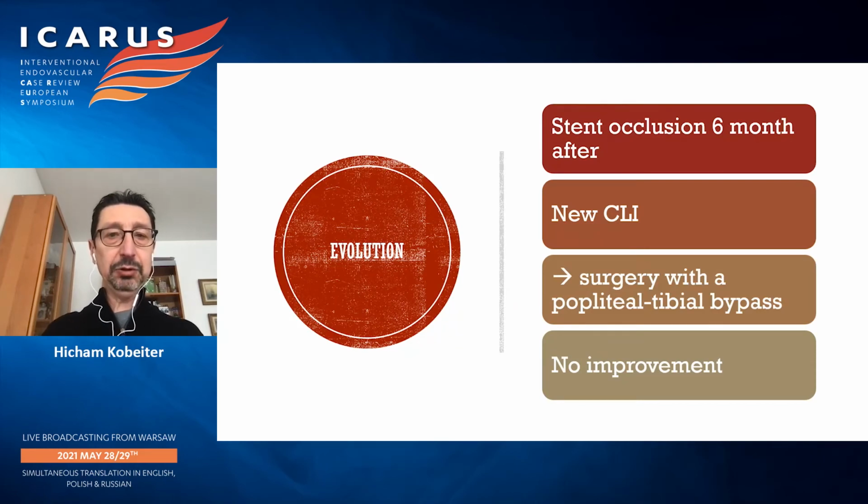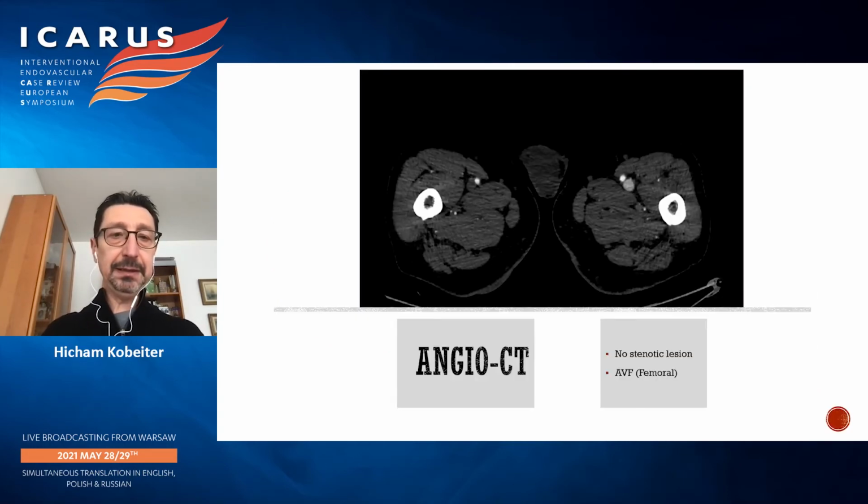The stent occluded 6 months later, and the patient again suffered from critical limb ischemia. He had surgery with a popliteal-tibial bypass and still no improvement. So he had an angio CT for control. And here's the angio CT.